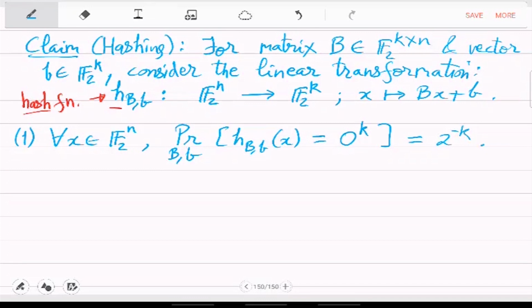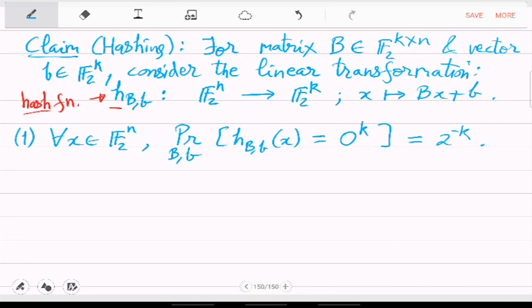Remember that in the image space there are 2 raised to k possible values, and the probability that a randomly hashed x will map to this one element 0 is uniform, which is 1 over 2 raised to k.